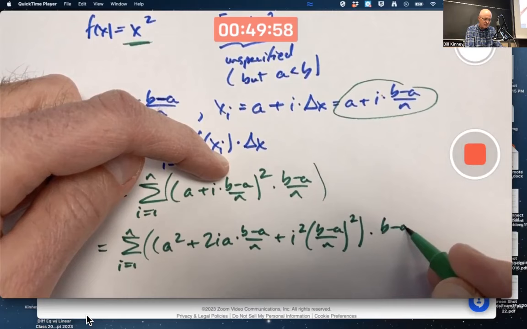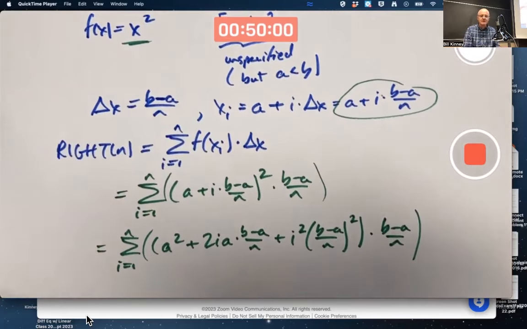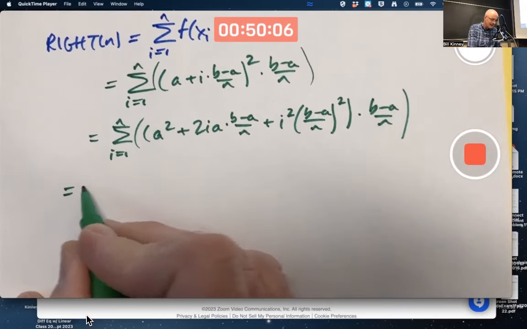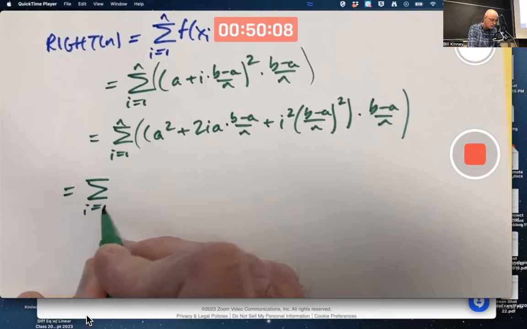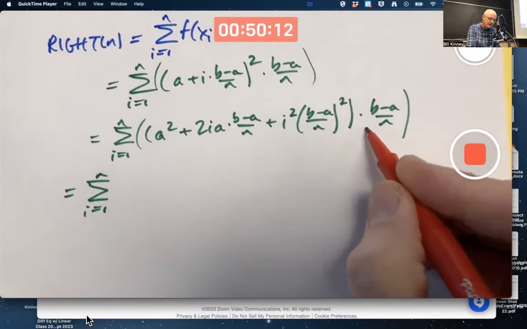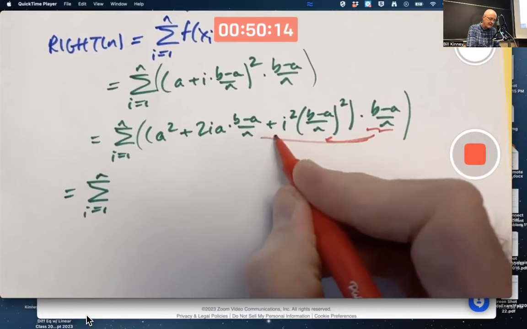That all has got to get multiplied by b minus a over n still before I bring the summation sign through. Oh, let's see here. Use the distributive property. Bring this through the parentheses.